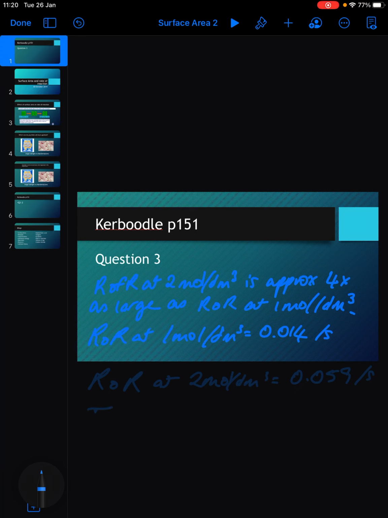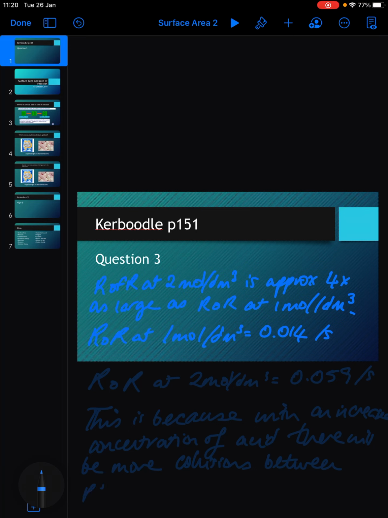Then let's try and explain it. This is because with an increased concentration of acid, there will be more collisions between particles, which increases the rate of reaction.